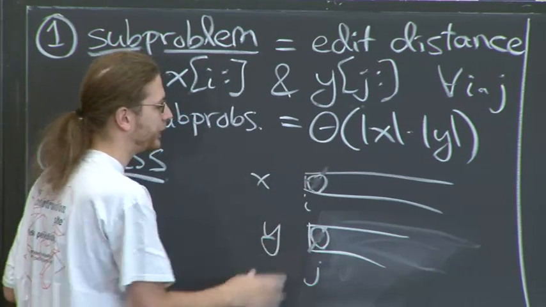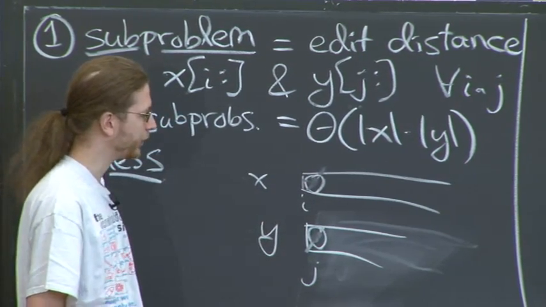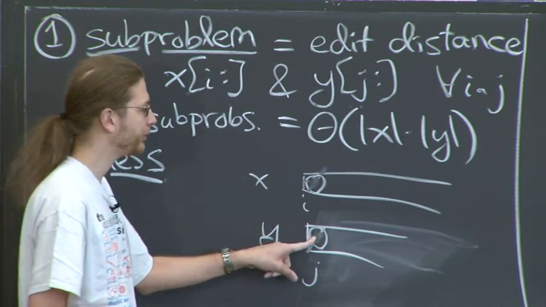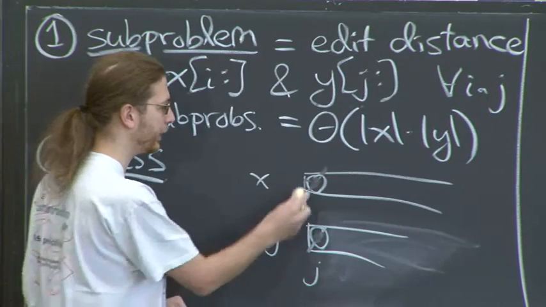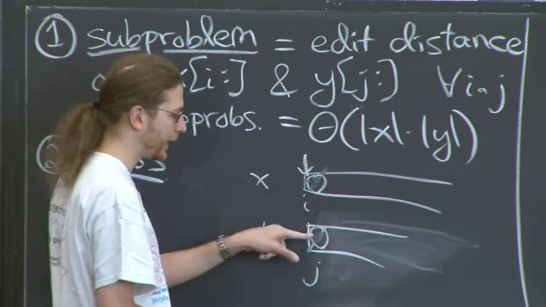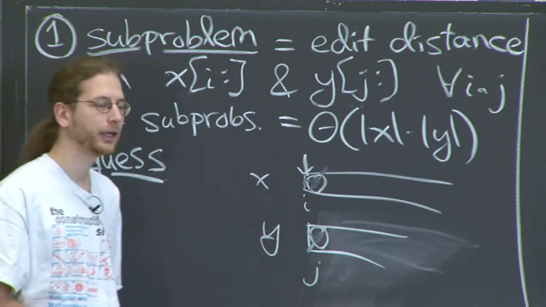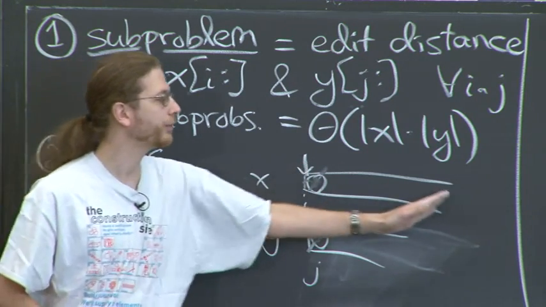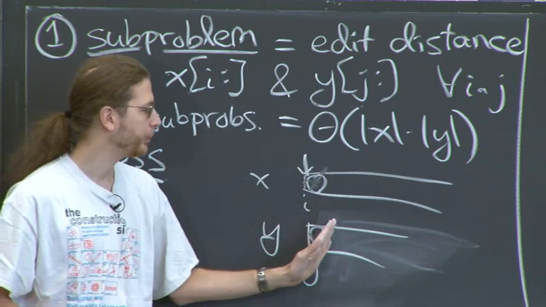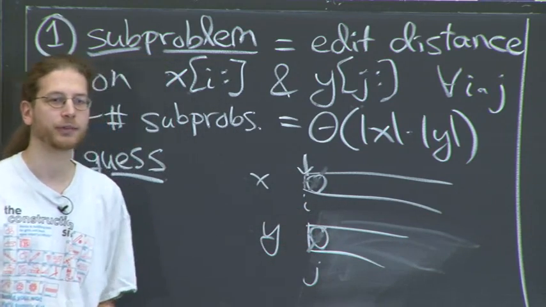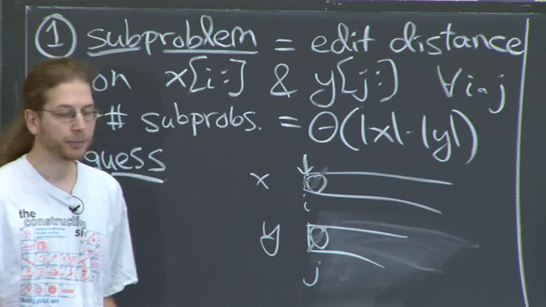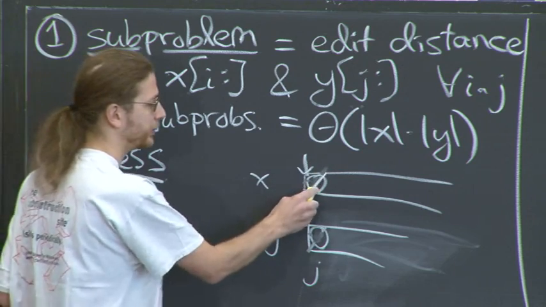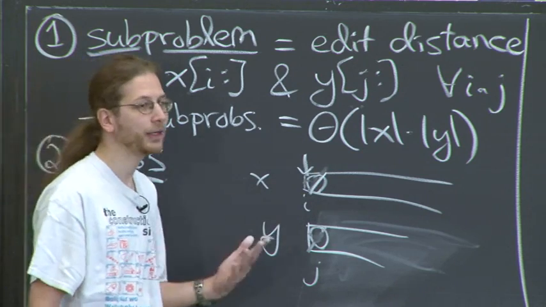OK, let's think about insert and delete. If I wanted to insert, presumably, I need this character at some point. So in order to make this character, if it's not going to come from replacing this one, it's got to be from inserting that character right there. OK, once I do that, I can cross off that newly inserted character and this one. And then I have all of the string x from i onward still. But then I've removed one character from y. So that's progress. The other possibility is deletion. So maybe I delete this character. And then maybe I insert it in the next step.